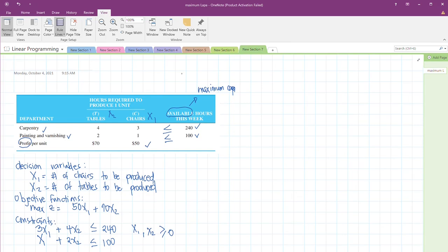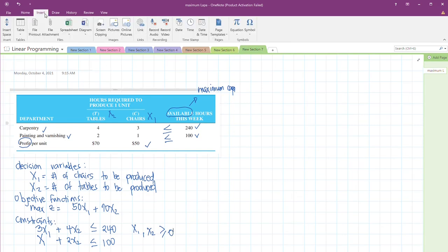Right now, we will be solving our problem. Since x1 will be the x-axis and x2 will be the y-axis, that is our convention. It is always that way: x1 is the x-axis and x2 is the y-axis. In our samples and your future activities, I will be the one to determine what x1 and x2 you will solve. We already covered the formulation, so now we are assessing your skill on the graphical method.